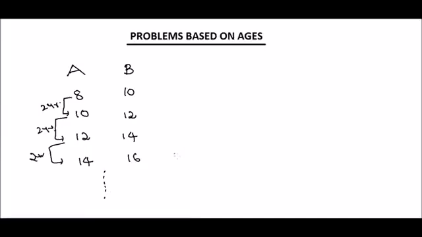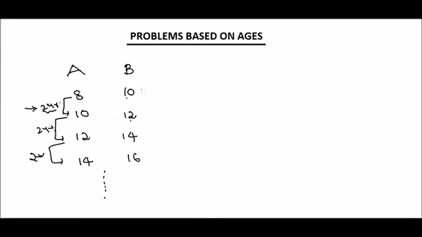What does it mean? When there is a gap of 2 years, these 2 years are the same for A as well as B. For any person on the earth, 2 years should be added. At present, A and B are 8 and 10. After 2 years, it has become 10 and 12. In terms of age, definitely the age has changed.